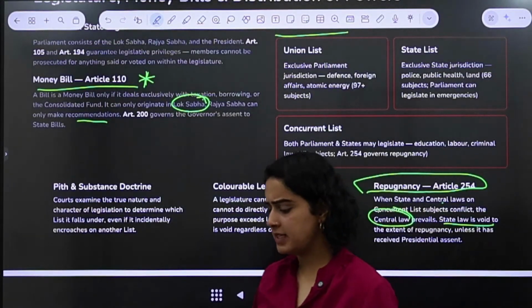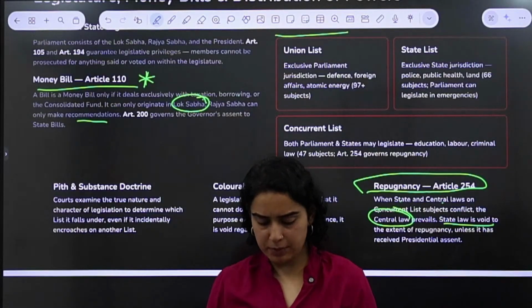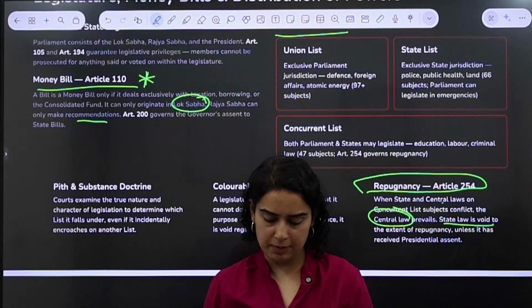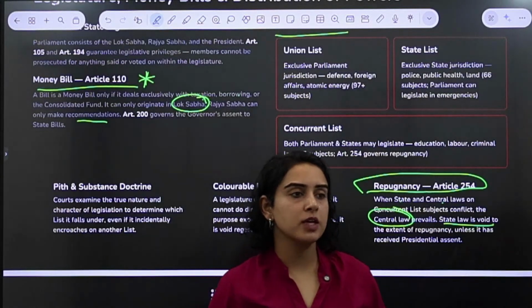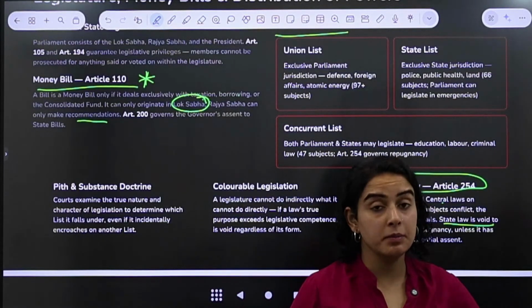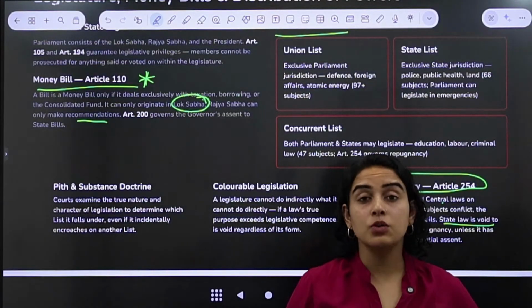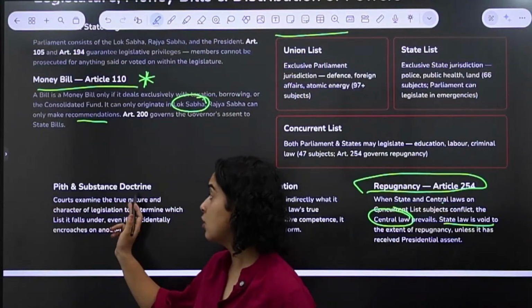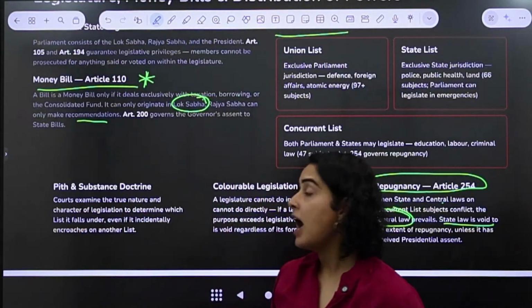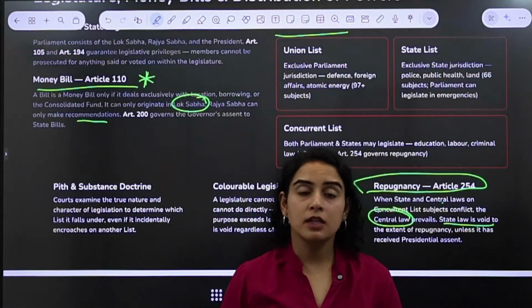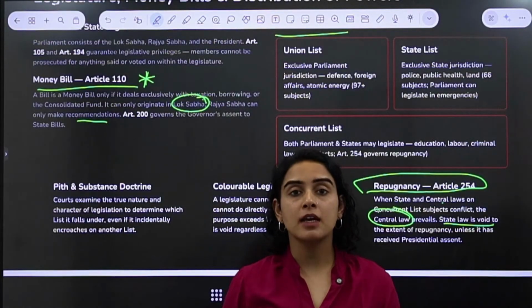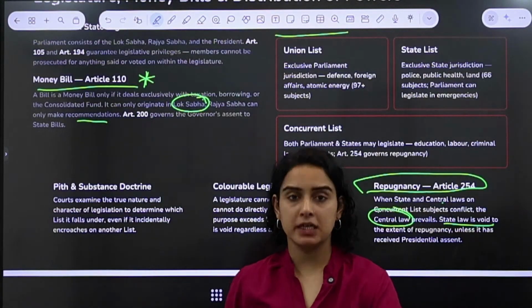For example, let's say Article 370 was abrogated from Kashmir. Now there was a question of whether this amendment of abrogation of Article 370 is a good thing or a bad thing. The Supreme Court applied the doctrine of pith and substance there, and it checked what the purpose was. The purpose was to make the life of people in Kashmir better.